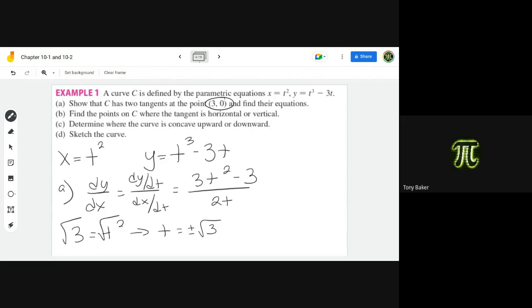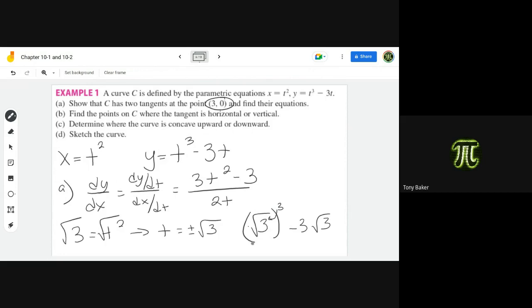So if we plug in, we have t to the third. So I have the square root of 3 to the third plus or minus 3 square root of 3. What's the square root of 3 to the third power going to give you? Remember, you can move that inside.